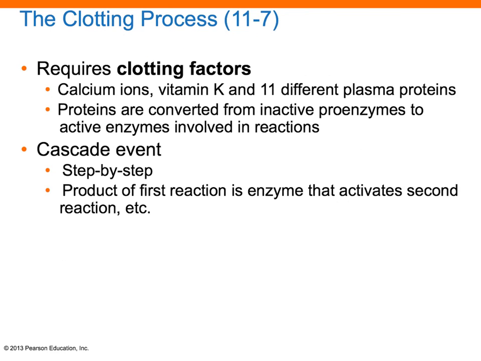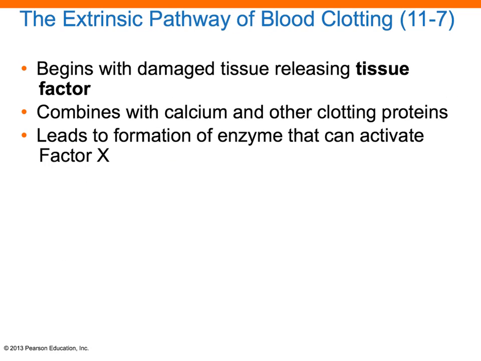The clotting process cannot occur unless the plasma contains the necessary clotting factors, which include calcium and 11 different proteins and vitamin K. Proteins are inactive and are converted to active enzymes that direct reactions in the clotting process. The clotting proteins interact in a sequence such that one protein is converted into an enzyme that activates the second protein. And because it is a step-by-step process, we call it a cascade.